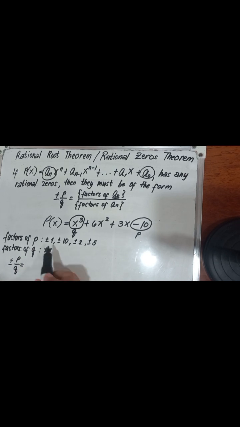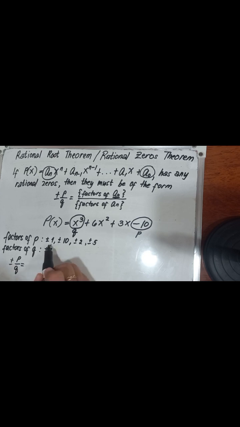So we will be distributing this, no? One by one. For the first, we have 1 and 1, so 1 over 1. And the next, we have 10 over 1. And the next we have plus or minus 2 over 1.